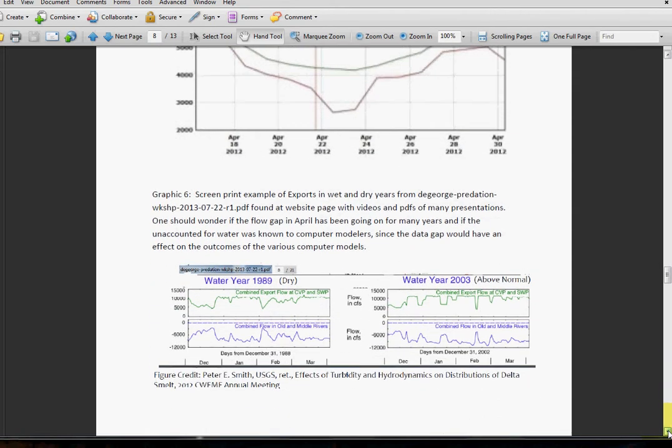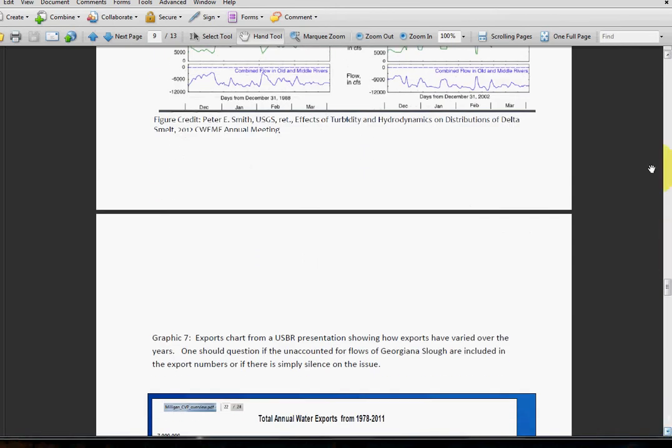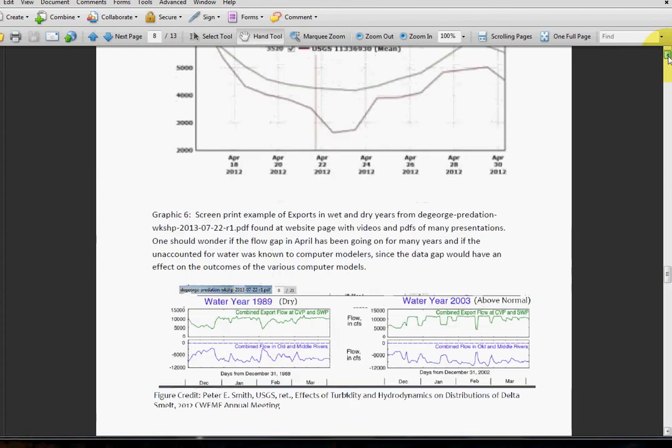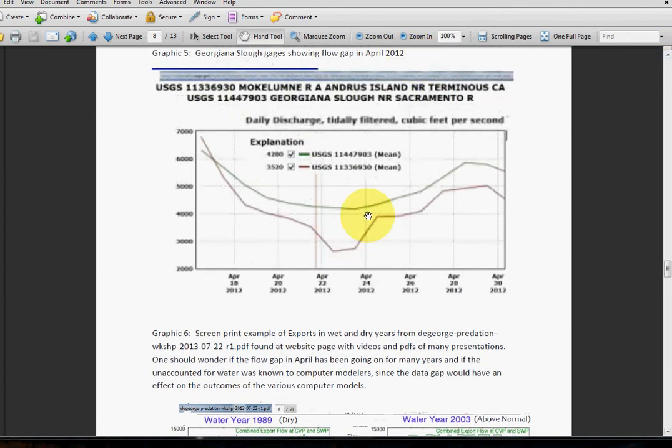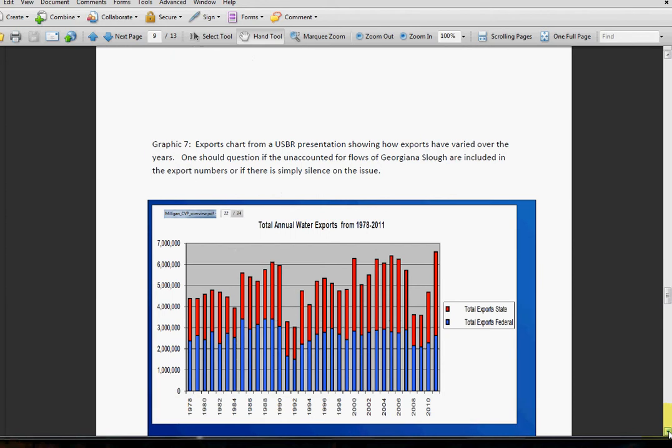So I wanted to look at what they are using for Bay Delta Conservation Plan flow data. They're using data from older years, so it can't possibly include 2014, 2013, 2012. So there is something very wrong in the flow calculations for the Bay Delta Conservation Plan. That information needs to be recalculated.